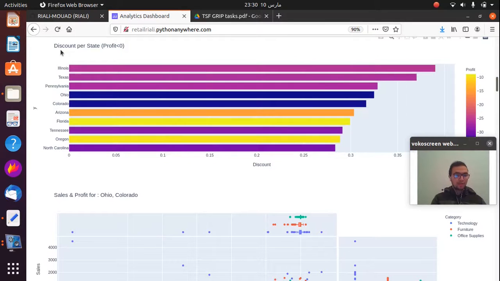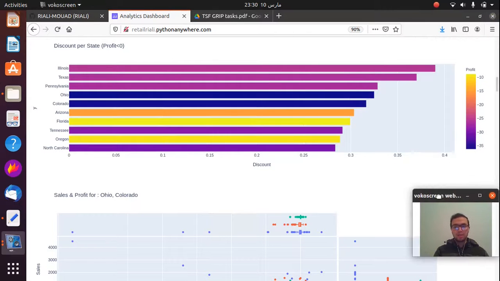Here we have discount per state for states whose profit is negative: Illinois, Texas, Pennsylvania, Ohio, Colorado, Arizona, Florida, Oregon, North Carolina. Depending on their colors, we could split them into 5 classes.